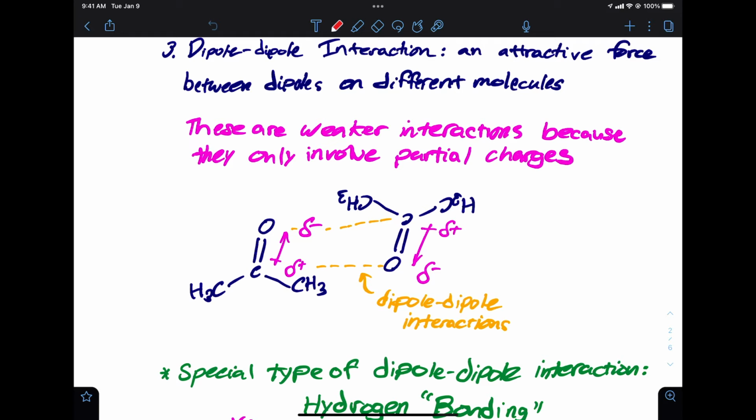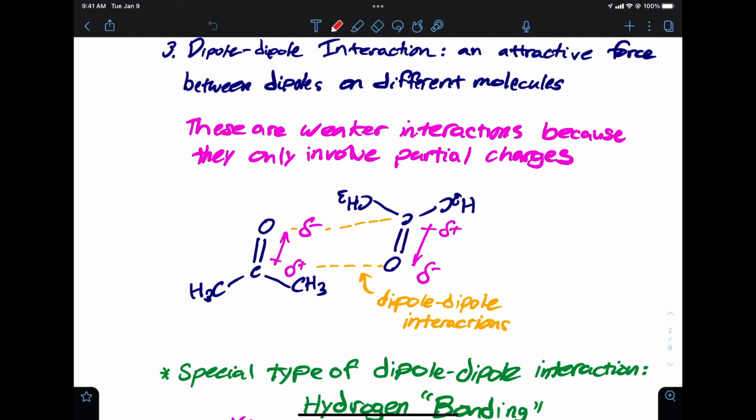And if you bring two molecules like this together, you can get an interaction between those dipoles, where the negative end of one dipole interacts with the positive end of another dipole, and the positive end of one interacts with the negative end of another. They can be the same molecules, like in this case with these two ketone groups, or they could be different molecules. You could have an interaction between a dipole on a ketone like this and the dipole on water.